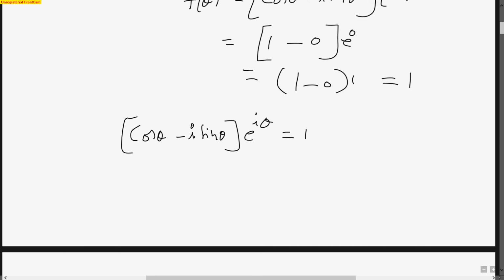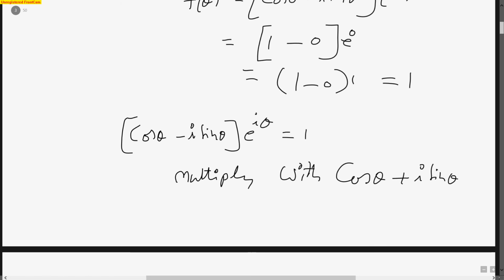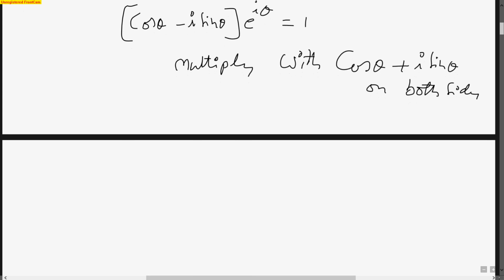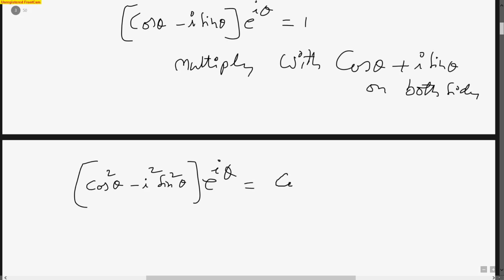Let us multiply cos theta plus i sin theta on both sides of the equation. Then cos square theta minus i square sin square theta times e power i theta is equal to cos theta plus i sin theta.